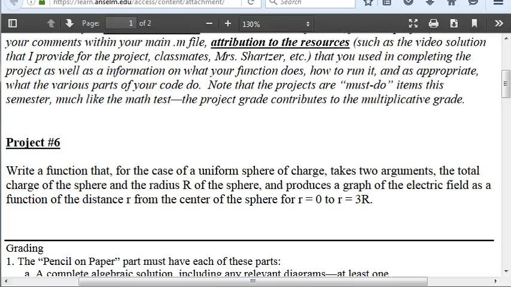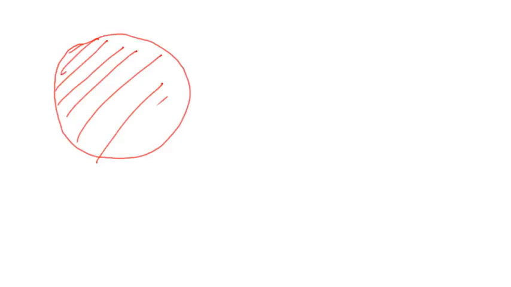Alright, let's use Gauss's law to get an expression for the electric field in two different regimes. So here's our ball of charge, total amount Q, uniformly distributed throughout it. And suppose I want to find the electric field at some point in space, a distance little r.